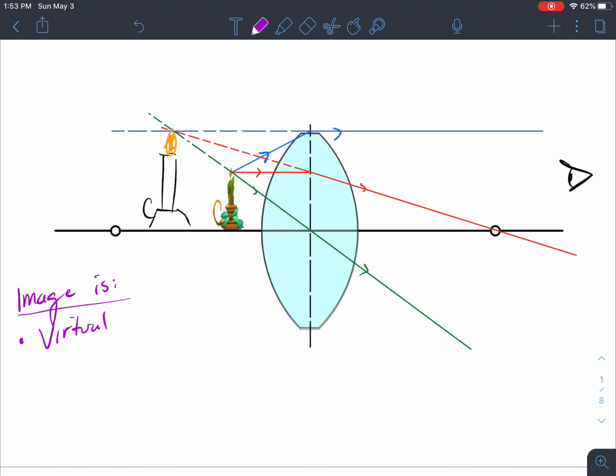There's not a real image. The light rays don't actually converge onto a point to form an image, but it's virtual because you can perceive it on the right side over here. It is right side up, and it is larger, or we could say magnified. Okay, so that is a converging lens where you have the object inside the focal length.